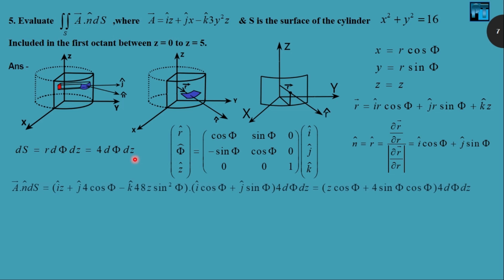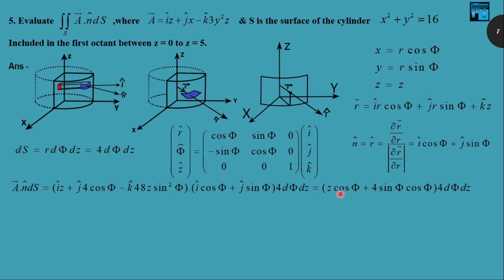Now we have a dot n cap ds like this. See, our a, where z equals to z, x equals to r cos phi, y equals to r sin phi. So you have to simplify them in our own cylindrical polar coordinate system.